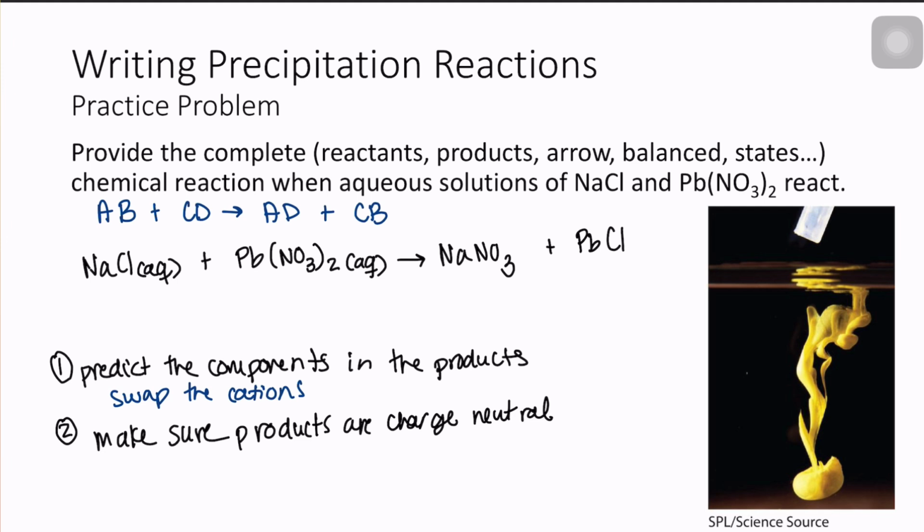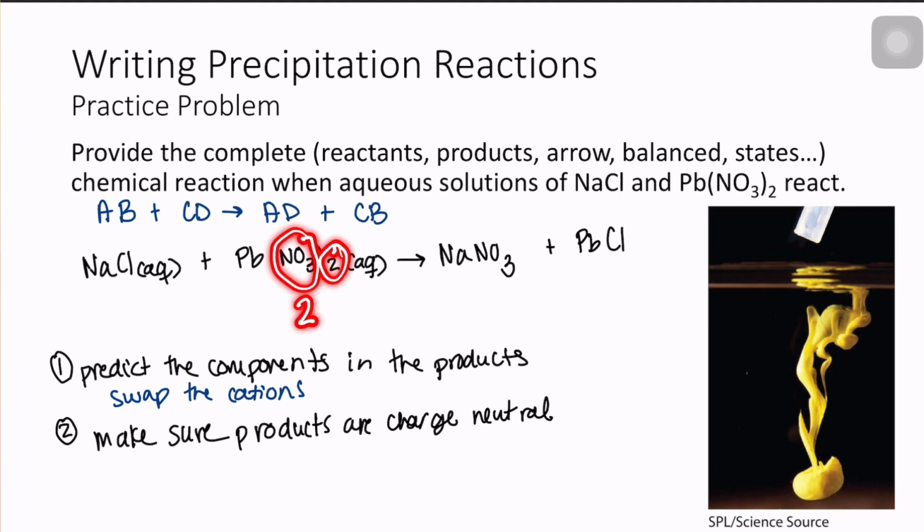If you recall, double displacement reactions do not involve a change in charge. So whatever the charge is in the reactants, that has to be the same as my products. If I look at lead in my reactants, I can't look at the periodic table and determine the charge on lead. I have to use the anion in order to do that. Nitrate has a -1 charge, and there are 2 of them.